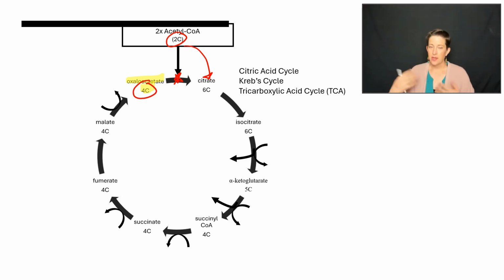So isocitrate, the isomer of citrate, is another 6-carbon compound, but it's from isocitrate to alpha-ketoglutarate that we start to see some action. Now, isocitrate is a 6-carbon compound. Alpha-ketoglutarate is a 5-carbon compound. I wonder what happens.